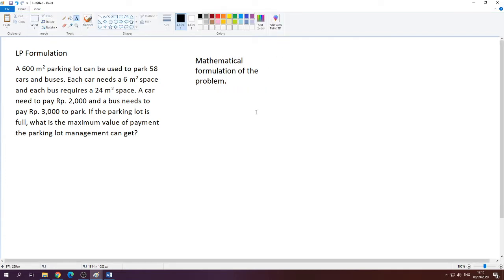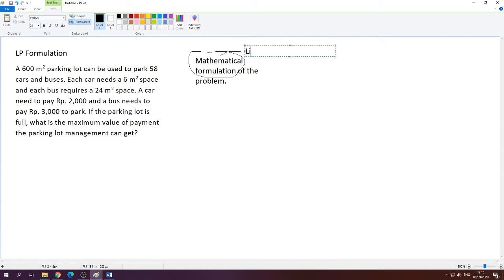And since our topic is linear programming, the mathematical formulation that we will develop will be the linear programming formulation of the problem.